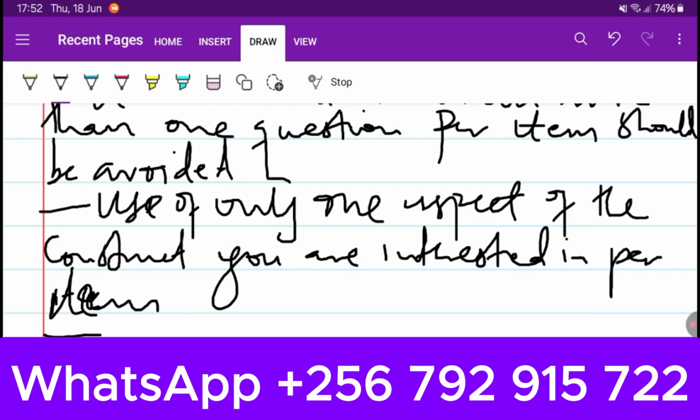The other one is to anticipate receiving open-ended answers from the respondent. You have to believe that you are going to get open-ended answers from the respondents.